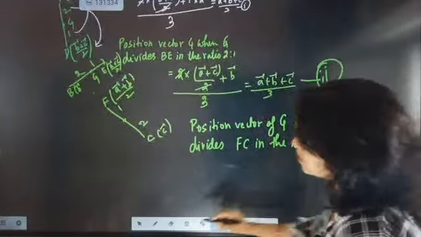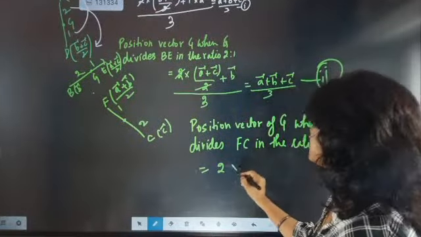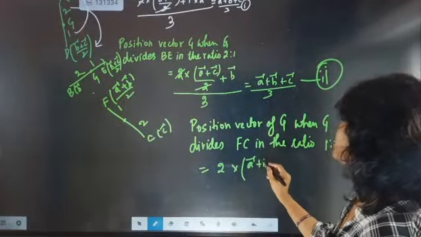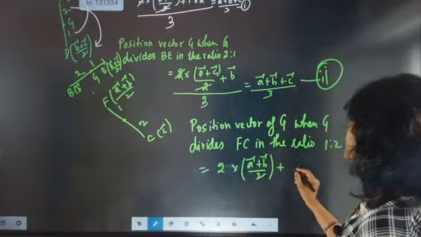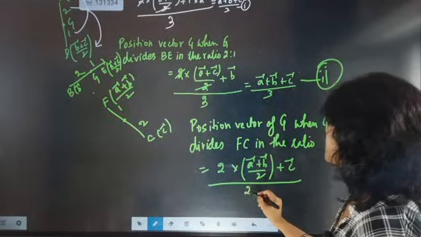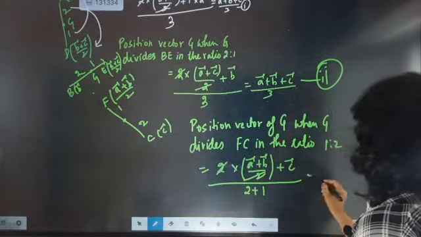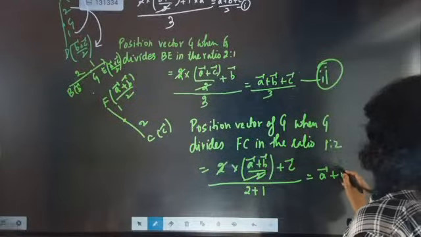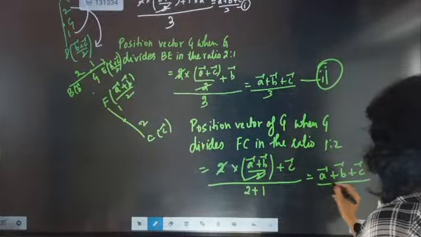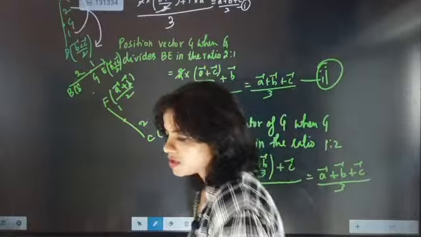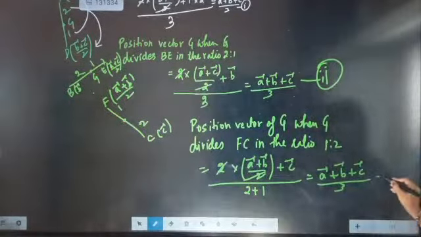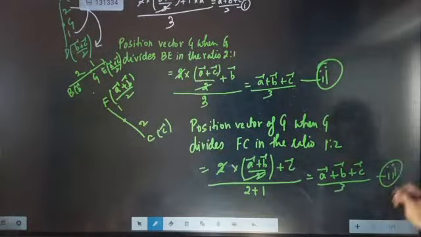So now this time 2 will again multiply with A vector plus B vector by 2, and here plus C vector will be there, and 2 plus 1 will be there. This will cancel. A vector plus B vector plus C vector by 3. Over.